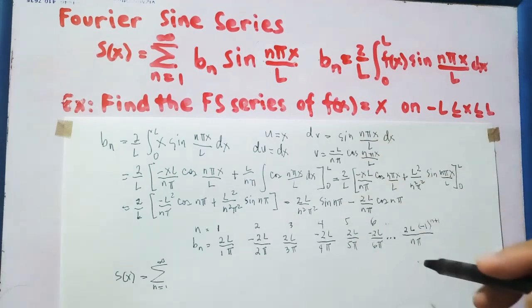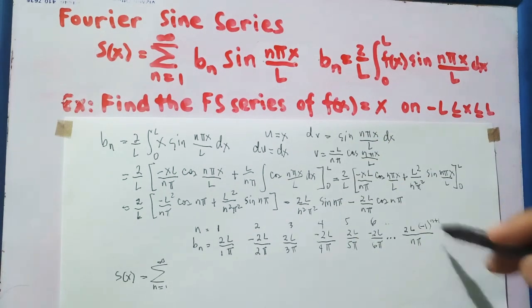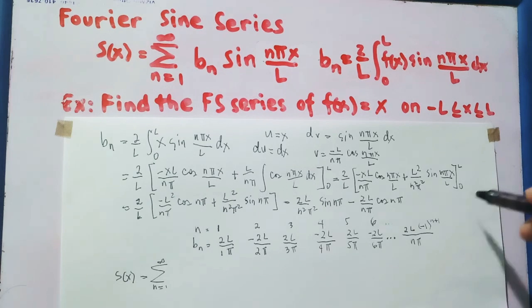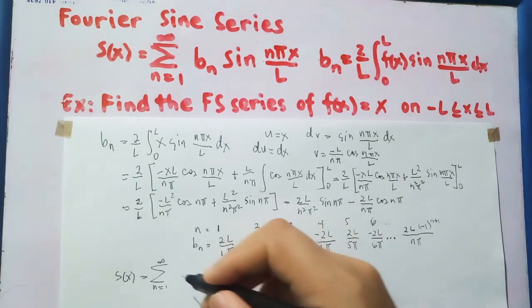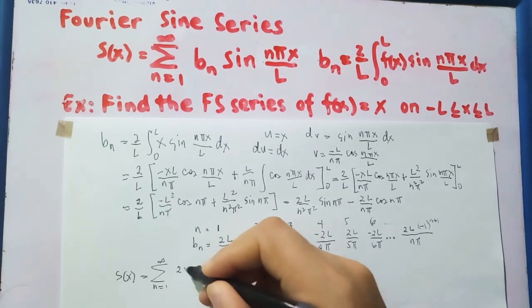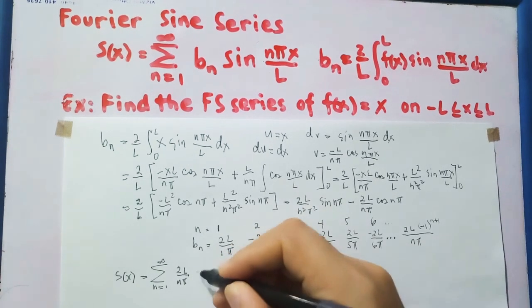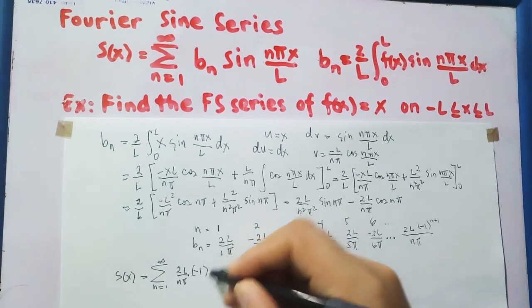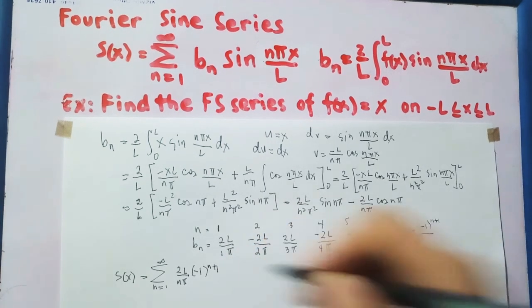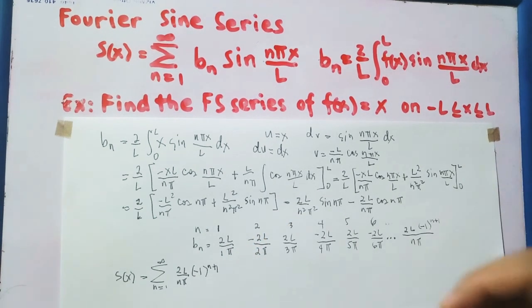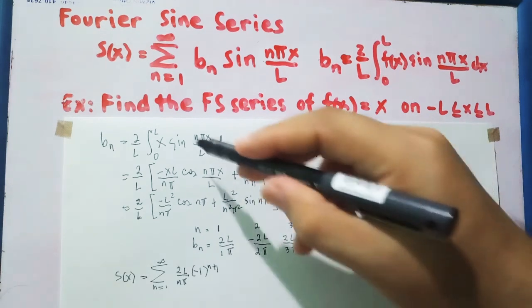We will write b sub n here as 2L over n pi, and then negative 1 raised to n plus 1. That is our b sub n.